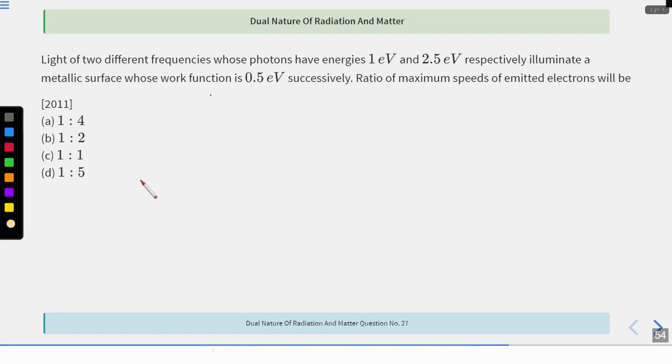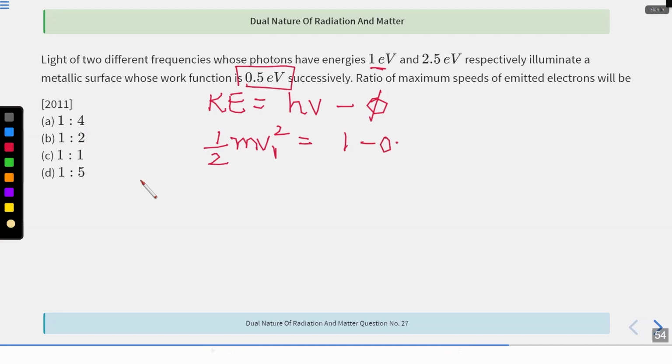So we know that this kinetic energy is nothing but hν minus the work function. So I can further write this to be half mv1 square is equal to, let's just call this 1 eV, right? So 1 minus, and then the work function is 0.5. So 1 minus 0.5, and that is nothing but 0.5 eV.